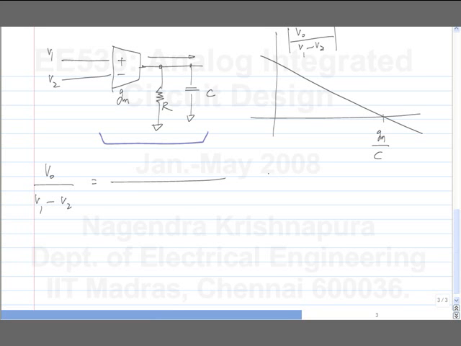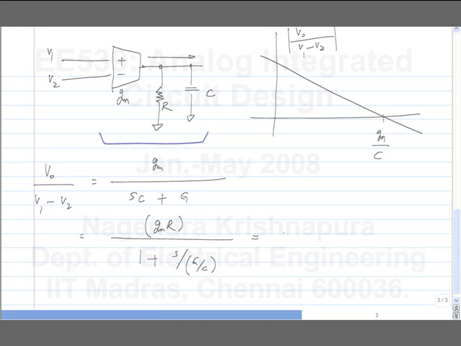So the current is proportional to Gm, and then we have two things in parallel. This is SC plus G. Okay. And we can write this in a couple of forms. This is the DC gain divided by 1 plus S divided by G by C, okay, or S times CR.